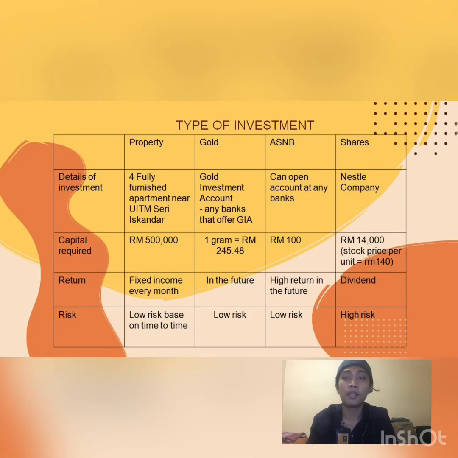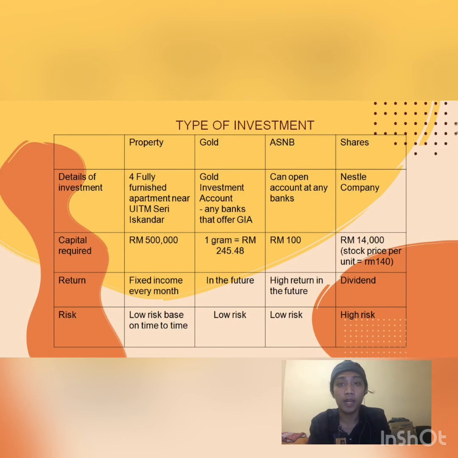For example, we invest in Nestle company. The Nestle stock price per unit is RM140. The minimum to buy a stock is one lot, and there are 100 units per lot, which means that if we buy one lot of Nestle stock, we need to ready capital of about 40,000.